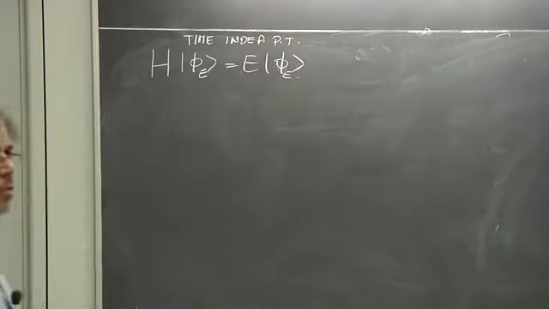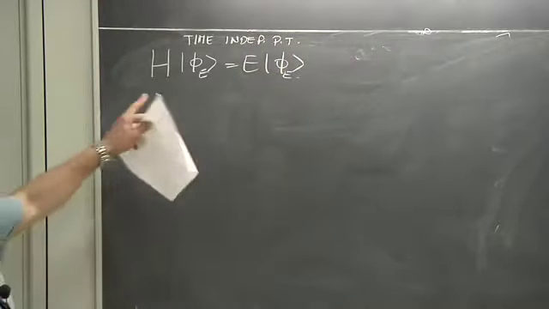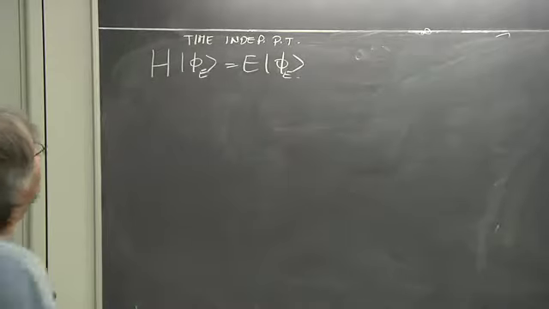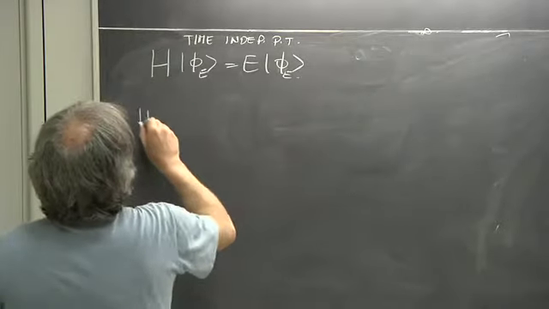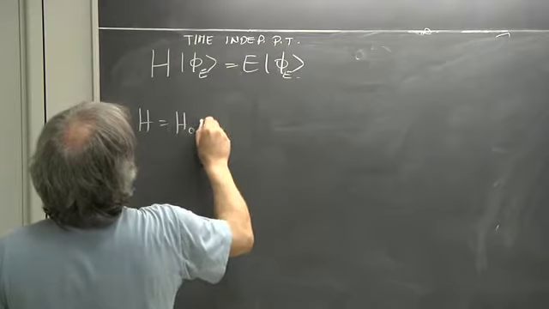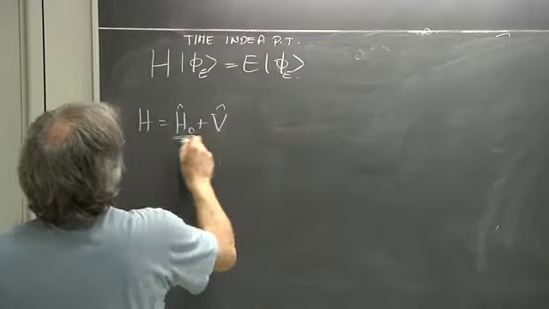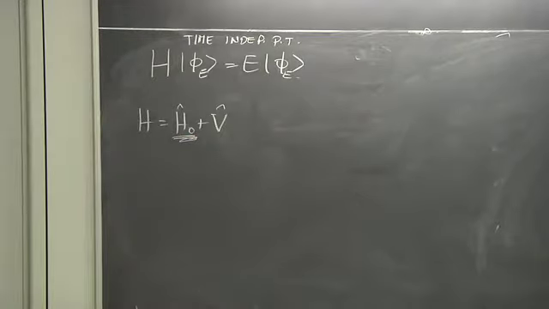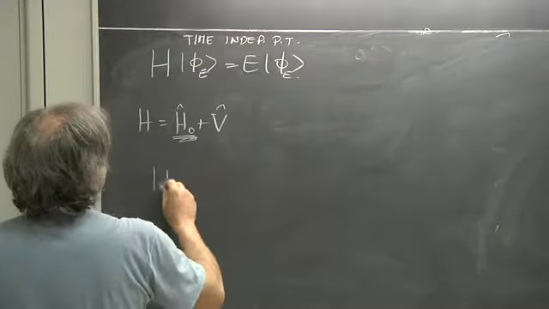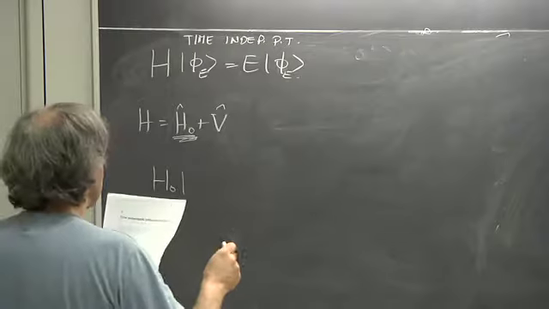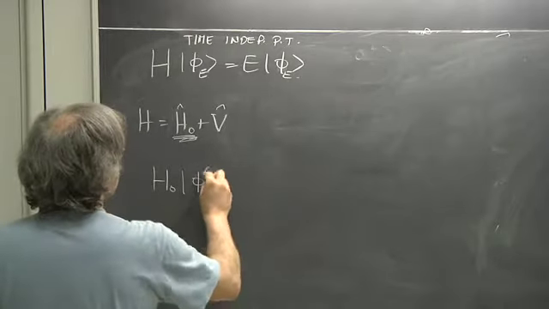In some sense, it works without time, just in the time-independent Schrödinger problem. The Hamiltonian H is some H0 plus some perturbation, where I suppose I know everything about H0. So I know the eigenstates and eigenvalues of H0, everything. I know how to solve the unperturbed problem. Let me set the notation here.